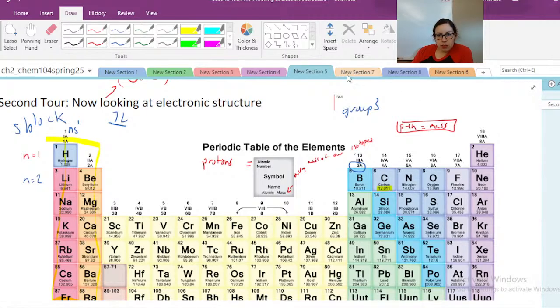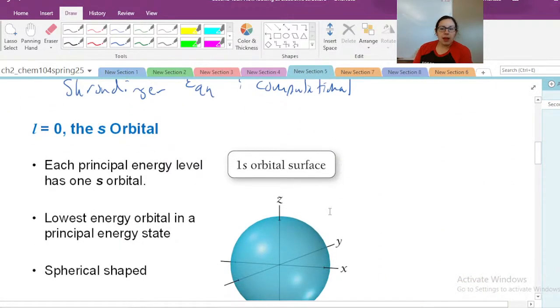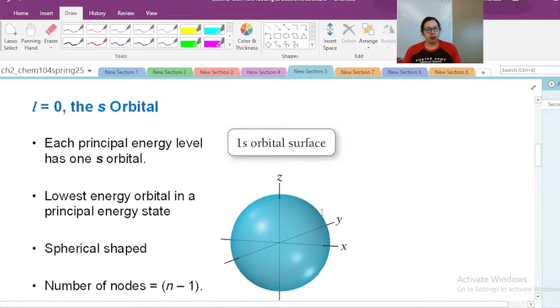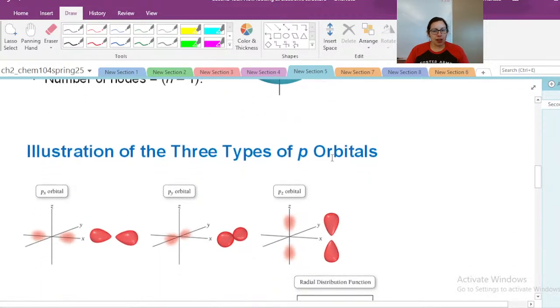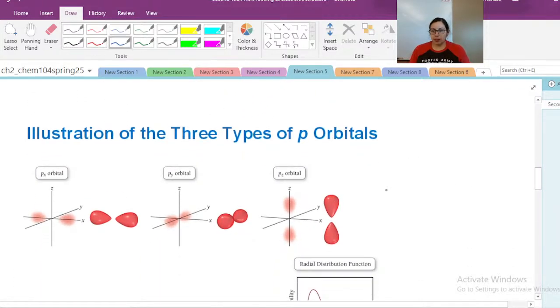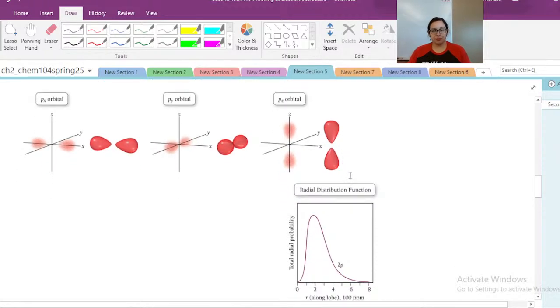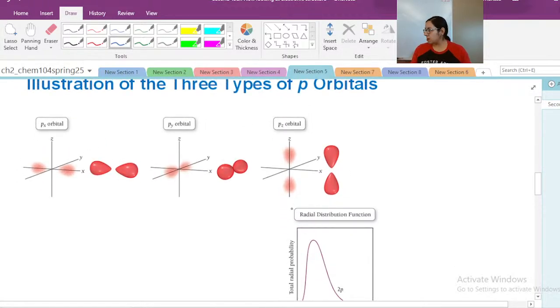And so now let's look at these pictures here. Now that we're at the second energy level, this is the first energy level where we can have p orbitals. So we have our 3 p orbitals. They're just formally named for the axes, so x, y, and z.